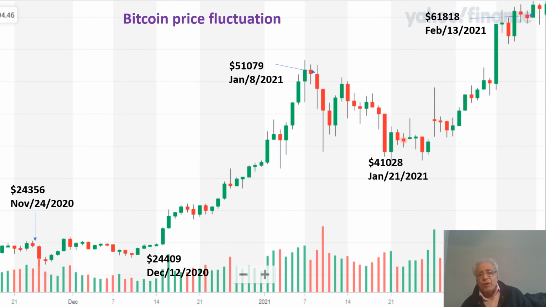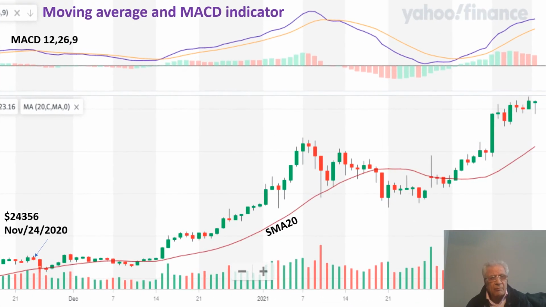So we want to know in the next slide whether the price action, MACD indicator, and moving average are all in line, and whether we exited and entered in the right place. So let's check. Now again, in this graph we have the MACD indicator and moving average.